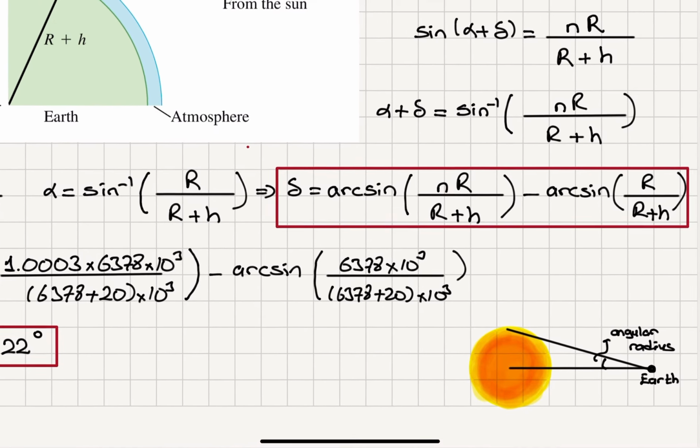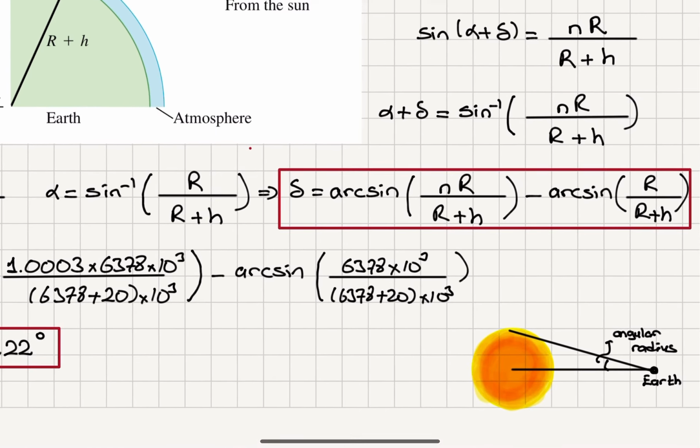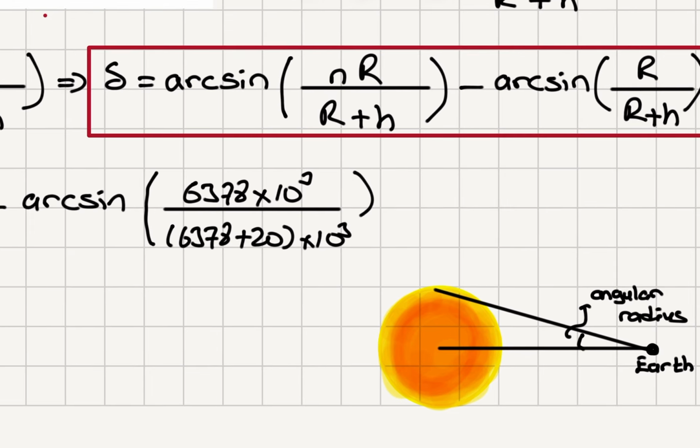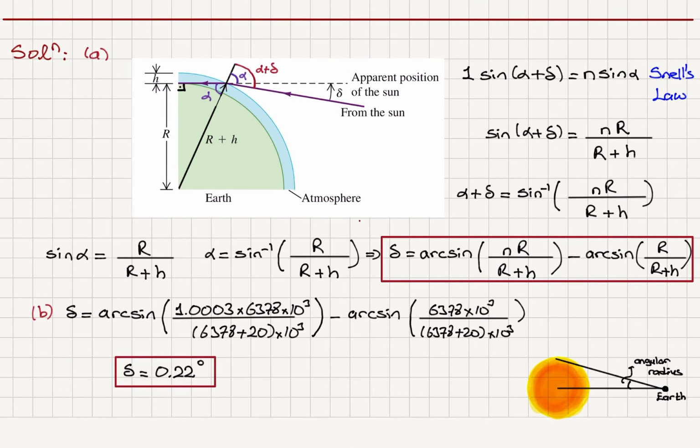What is the angular radius of the sun? The angular radius is measured looking from the Earth. We look in the direction of the center of the sun and in the direction of the edge of the sun. So we see this angular radius from our point of view, and that is 1/4 of a degree.